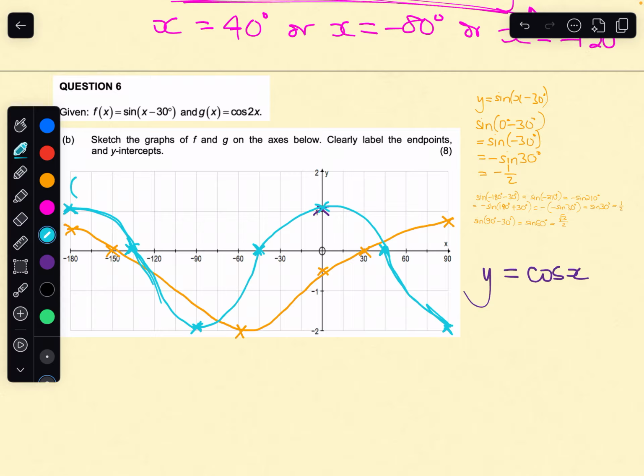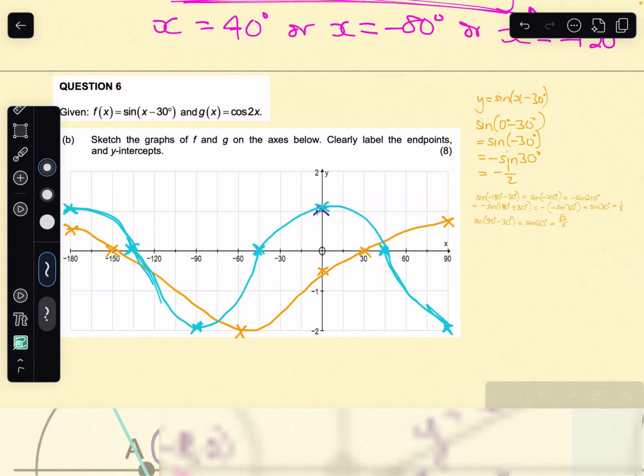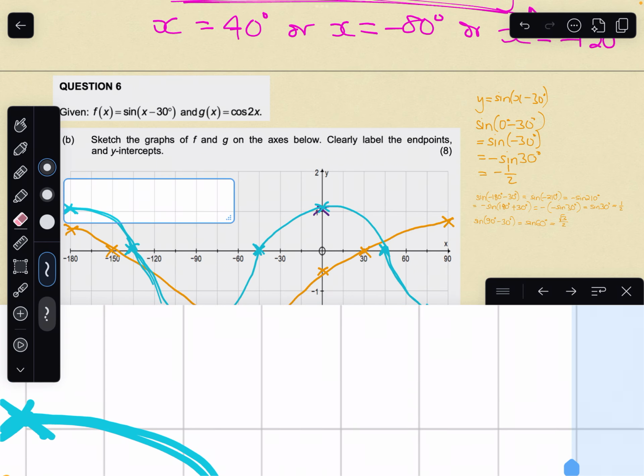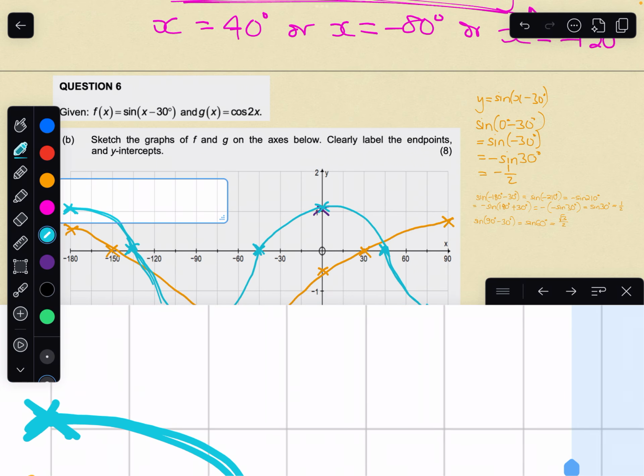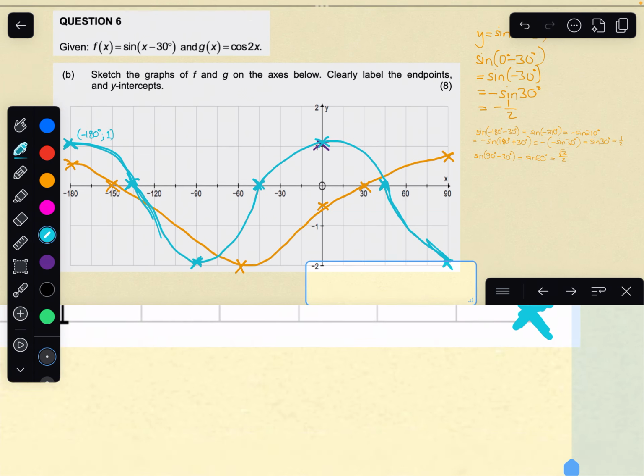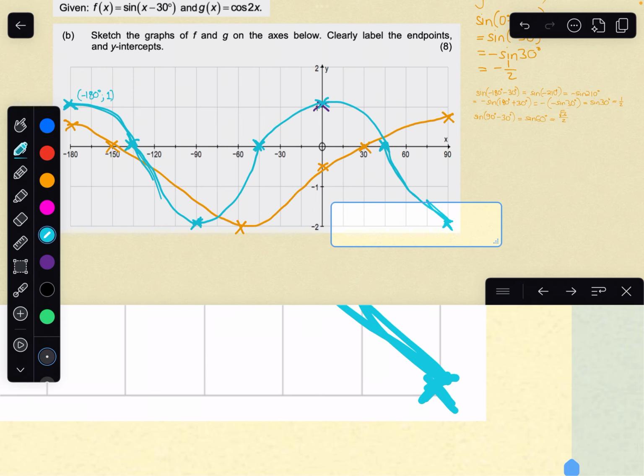Okay, right, so we are asked to label endpoints and y-intercepts. So the endpoint here, okay, maybe let's do it less vivaciously. So this endpoint is minus 180 and 1, and then the next endpoint is down here, which is not minus 90, oh my heavens, 90 and negative 1.